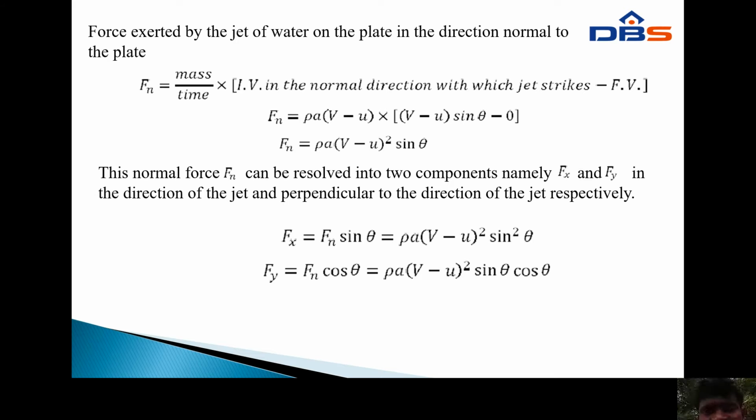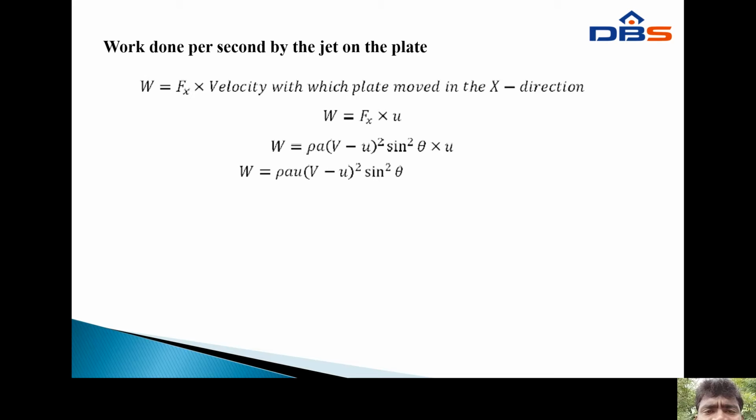In this derivation, the F_n value is derived, the F_x value is derived, and the F_y value is derived. Next, the work done per second by the jet on the plate. W equals F_x into the velocity with which the plate moved in the x direction.